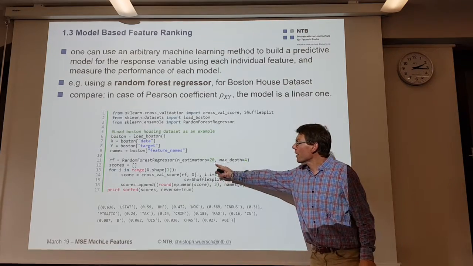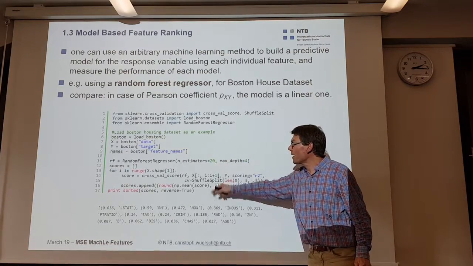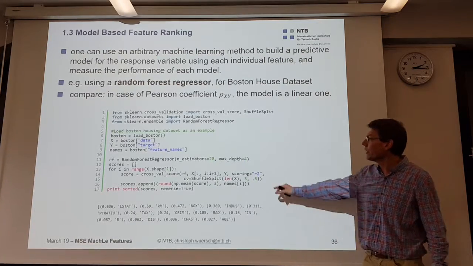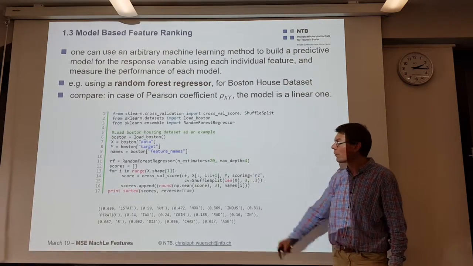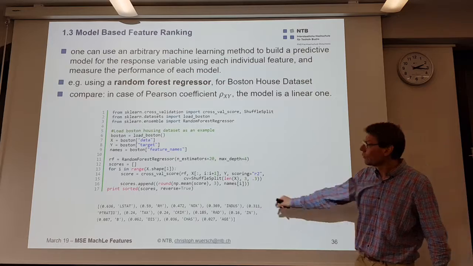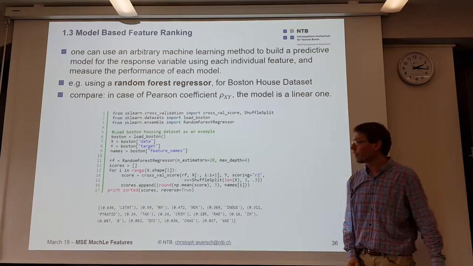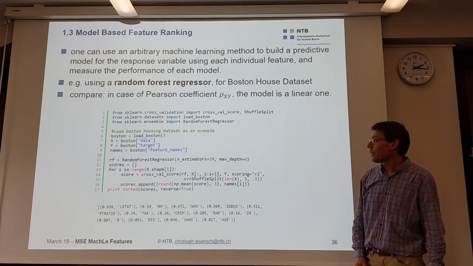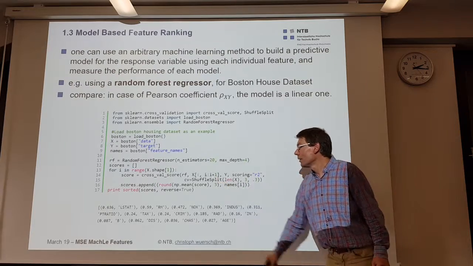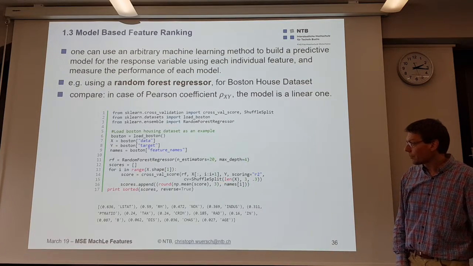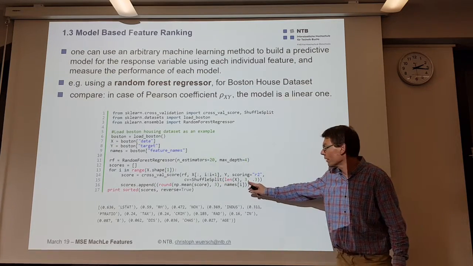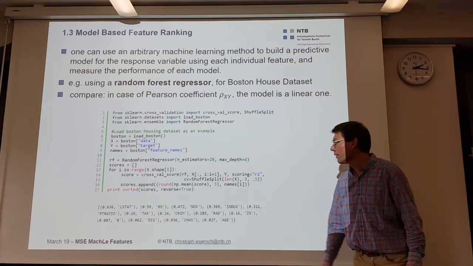We have a bagging of about 20 estimators. We limit the depth of the tree to 4. Then we calculate the cross-validated score, here 3 times cross-validated, cv equals 3.